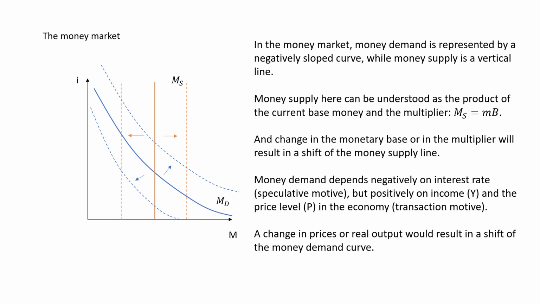Another example could be that the prices go up in the economy due to inflation. If this happens, then the money demand will shift to the right, and with the unchanged money supply, this will mean that the total amount of money in the economy remains unchanged, but the interest rate will increase.